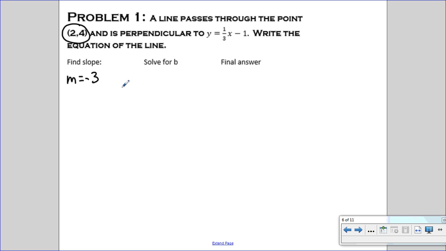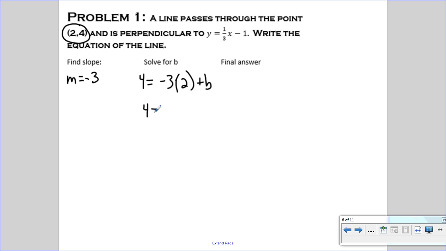Okay? Now that we've found the slope, we can plug this into our slope-intercept form. So instead of y, we're going to put 4. Our slope is -3. Instead of x, we're going to put our 2, plus b.